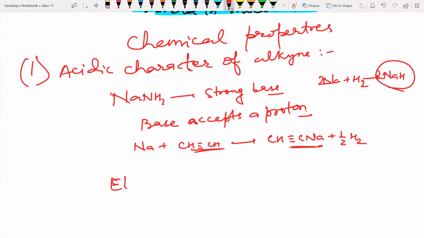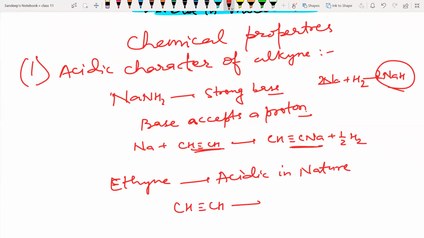So ethyne is acidic in nature, because if you see the ethyne structure, it releases a proton: CH triple bond C minus plus H plus. So it is releasing protons, and acids are proton donors.